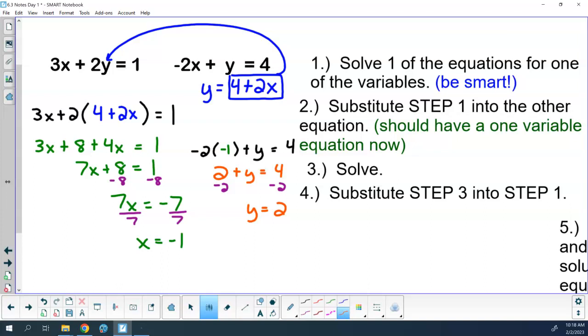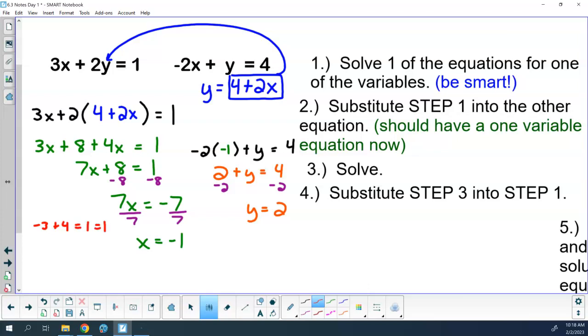All right? So let's quick check. 3 times -1 is -3. 2 times 2, 4. -3 plus 4, 1. Is 1 equal to 1?